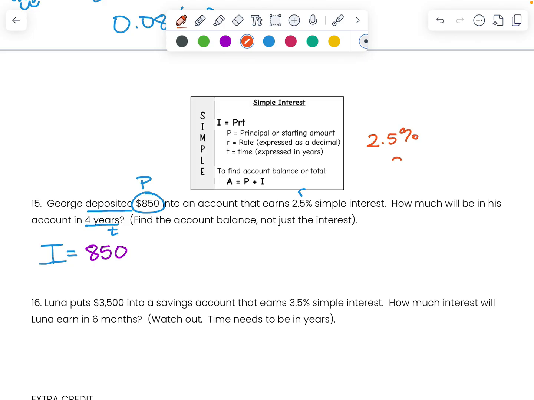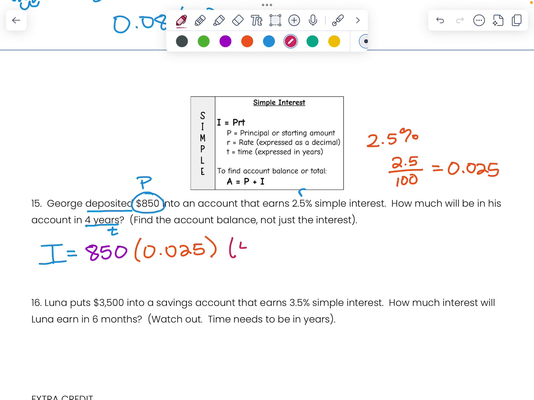Okay, to make it into a decimal, I have to divide that by 100. Did I just try and put that in my calculator? I did. I am a silly child, and I would get 0.025 because I thought I was going to be showing that to you. And I can't show that to you because it's on a calculator that is not attached to this iPad.